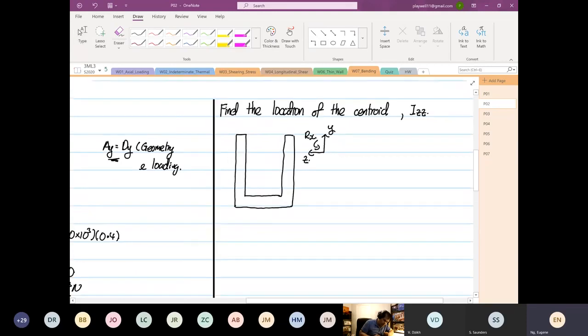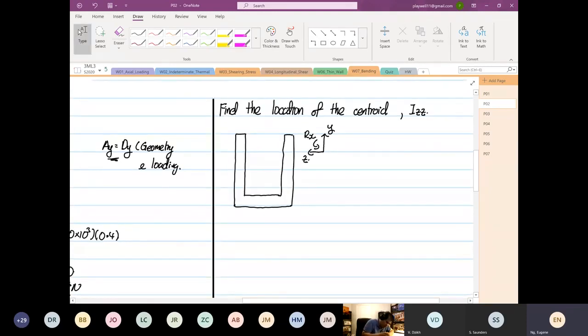So this will be our ZZ axis. Now this position is the position of our centroid. Exactly where, I don't know. I only know the orientation is in that direction.